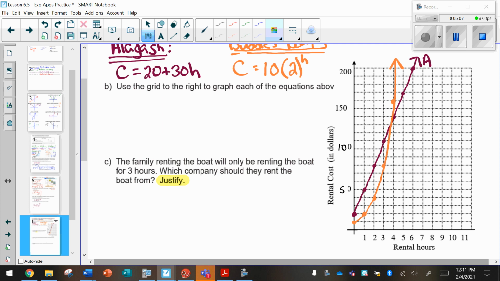Not a big deal. We're going to find the cost for the Allagash Boat Company. How much will it cost to rent the boat for 3 hours? Then I'm going to use the equation for Bubbles' boats to find the cost for Bubbles' rental for 3 hours.